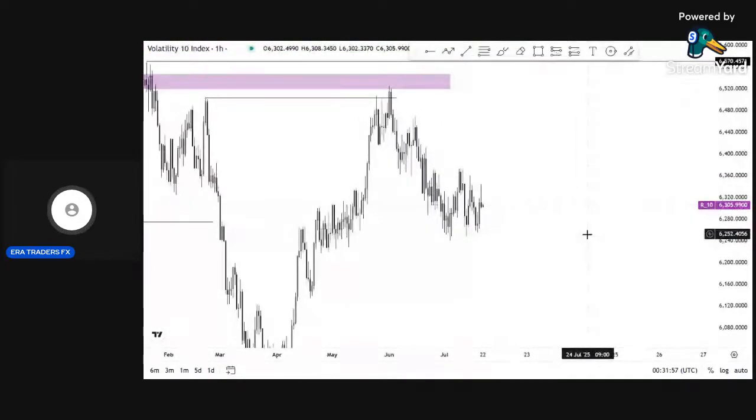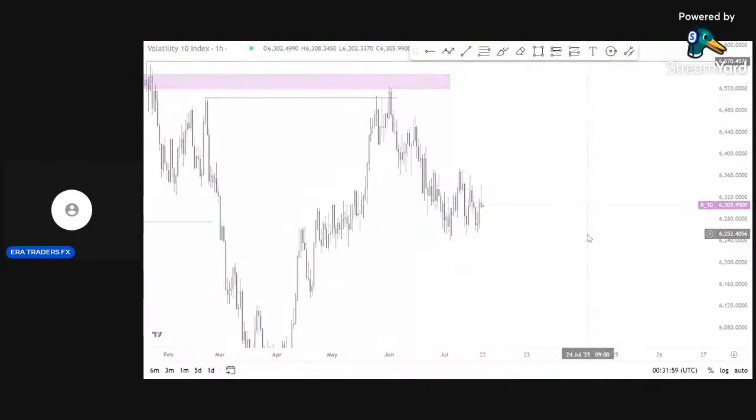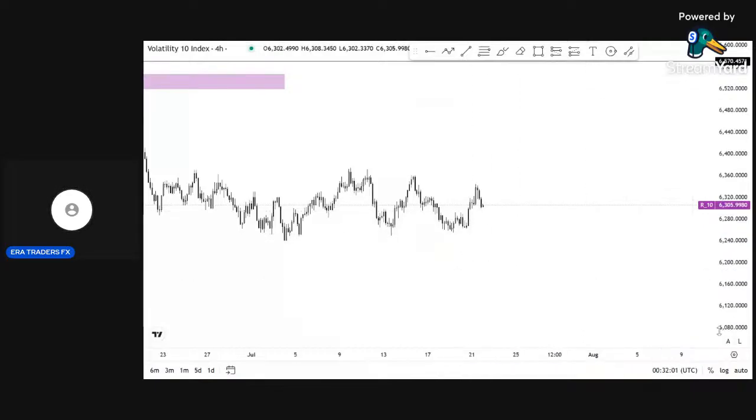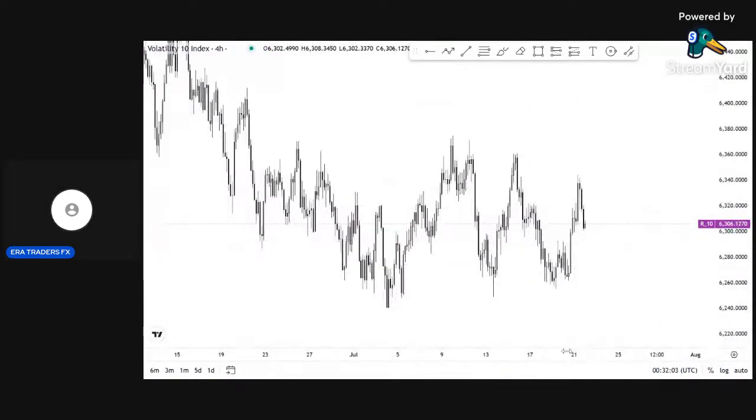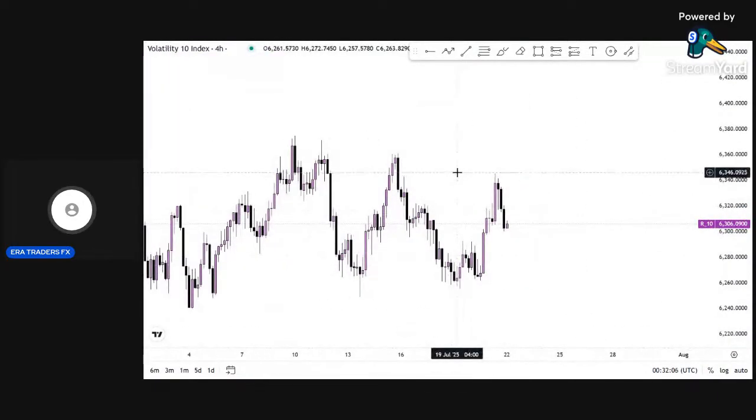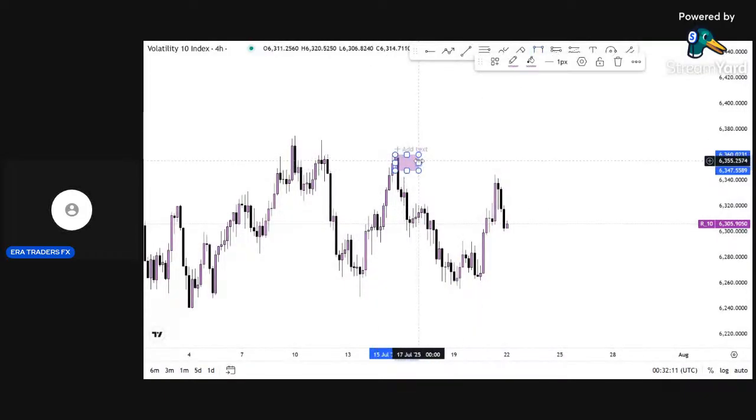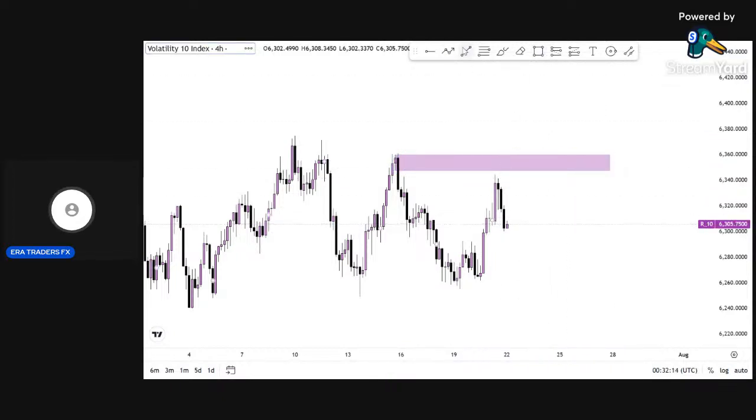So let me go to the lower time frame and see if there's anything. Okay. Although I was expecting it to drop from, I wanted it to come into this other block, this region to sell. Although price just came, took out this liquidity, and dropped.